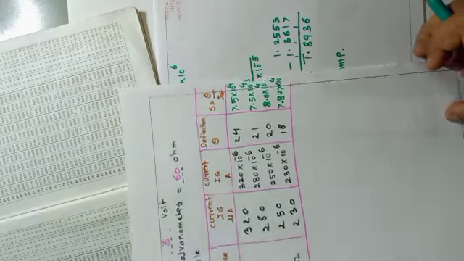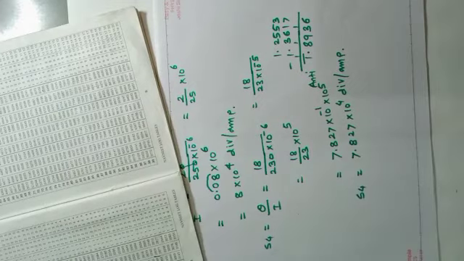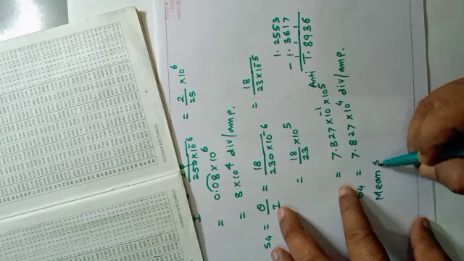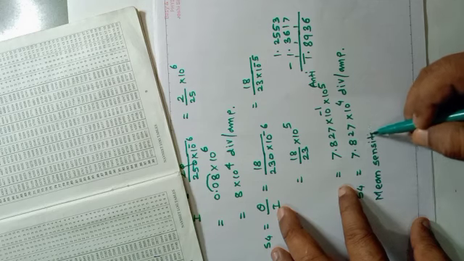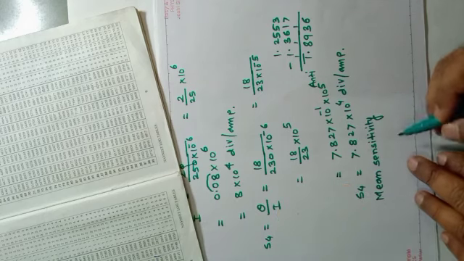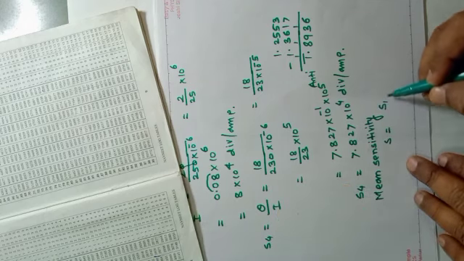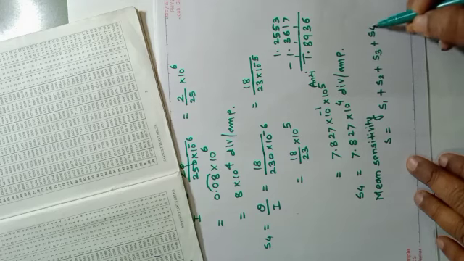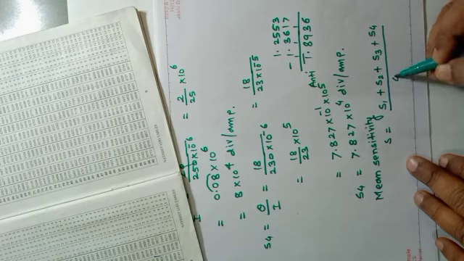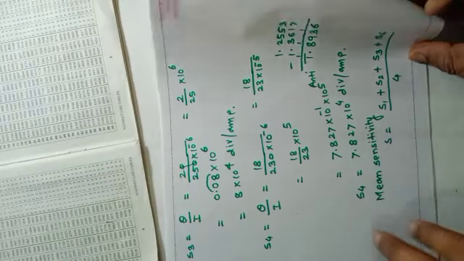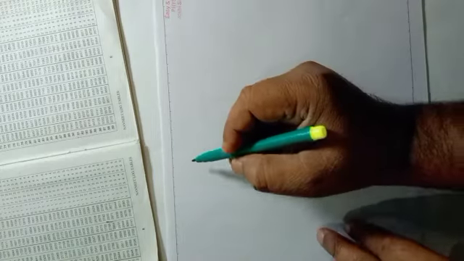So we can calculate here mean sensitivity. So mean sensitivity S is S1 plus S2 plus S3 plus S4 upon 4. If we substitute the values of S1, S2, S3 and S4, we can calculate the mean sensitivity.